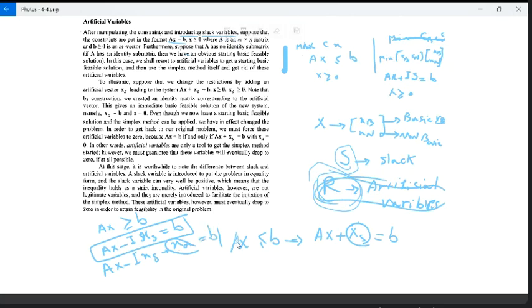This x_R is an artificial variable, and x_R must be 0. Why?